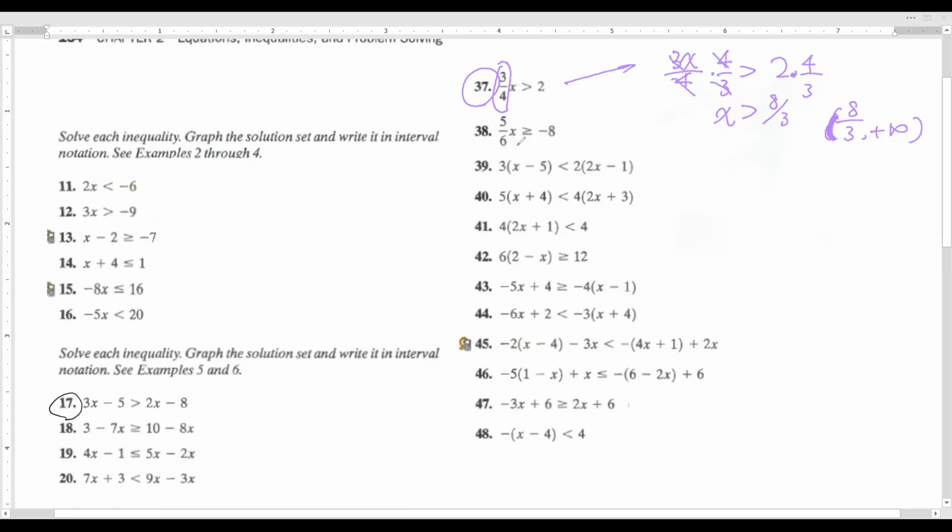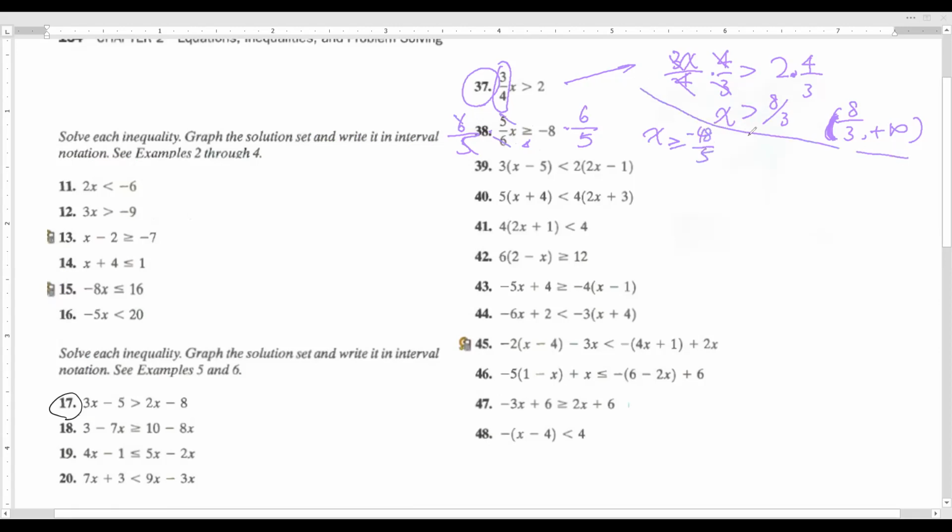Same here. So you divide both sides by 6/5. 6/5 is a positive number, so the inequality sign is not changing. You don't have to change this inequality sign, right? So you can say x is greater than or equal to negative 48/5.